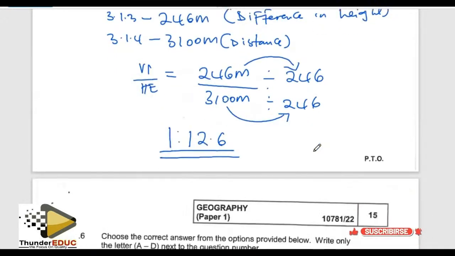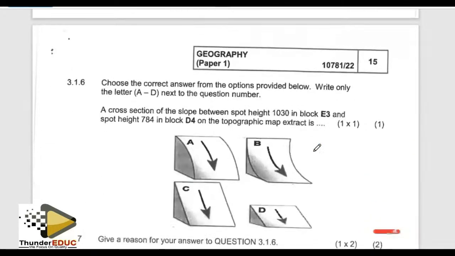Then we proceed to 3.1.6. Choose the correct answer from the option provided below. Write only the letter next to the question number. A cross-section of the slope between spot height 1030 in block E3 and spot height in block D4 on the topographical map is a cross-section.